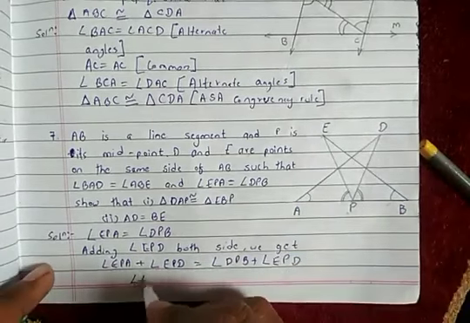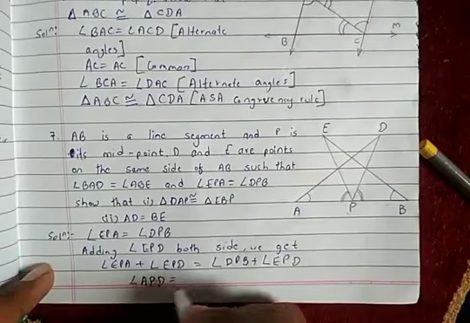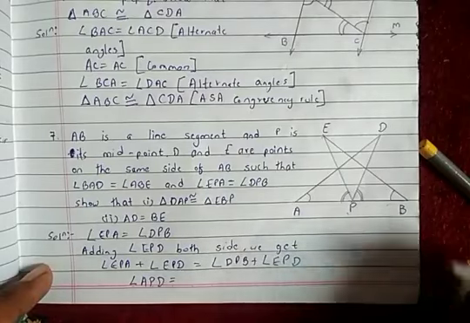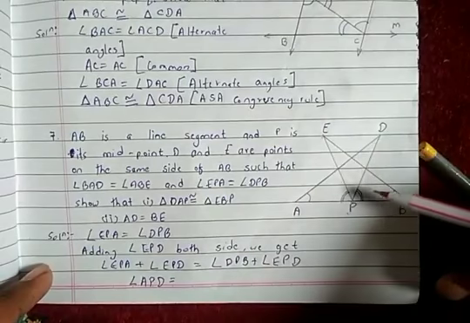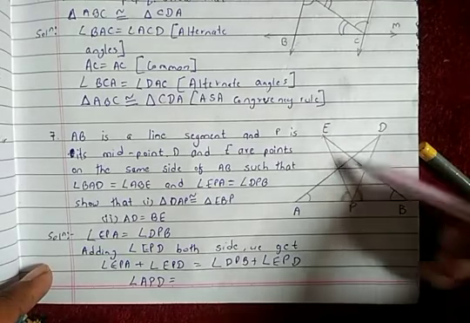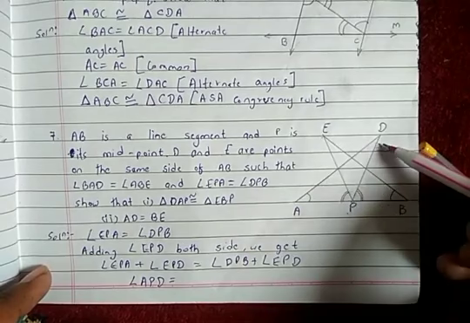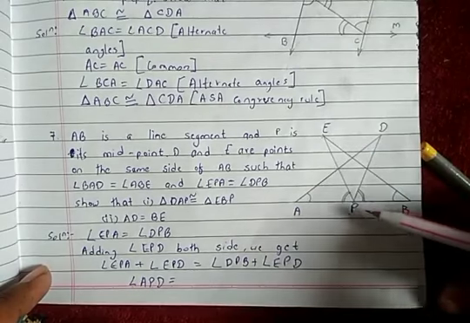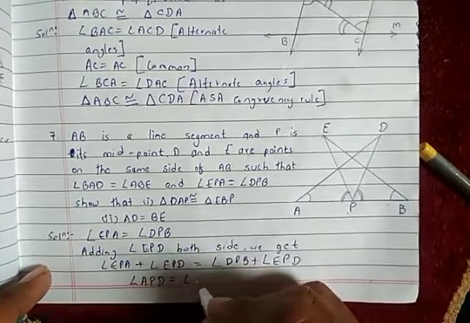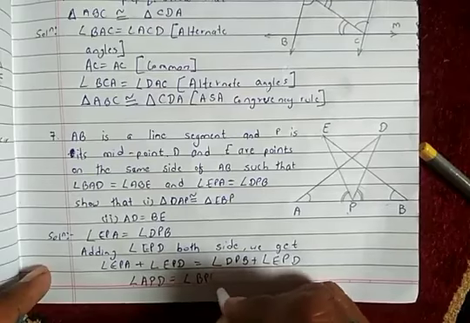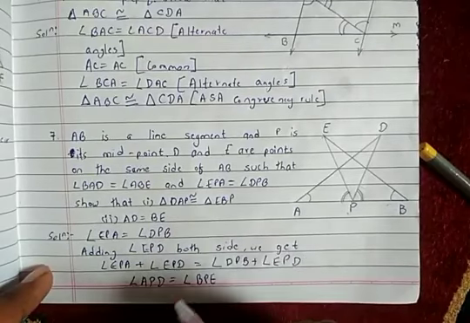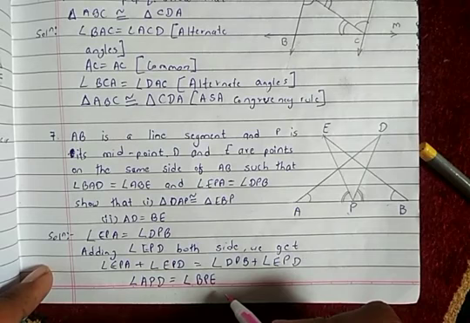So this will become angle APD, and this angle, when you add DPB and angle EPD, you will get angle BPE. So you will write it down, angle BPE. So these both angles are equal, right?